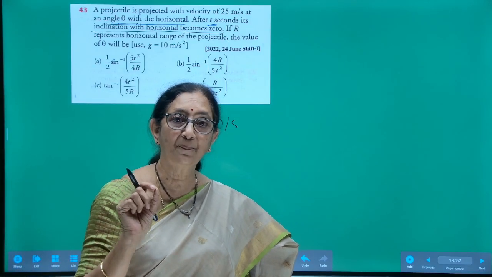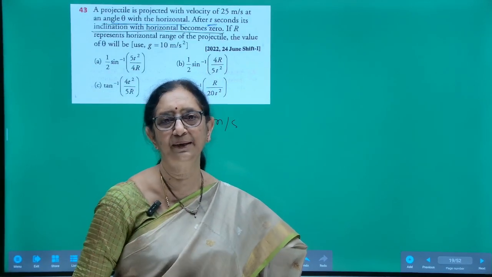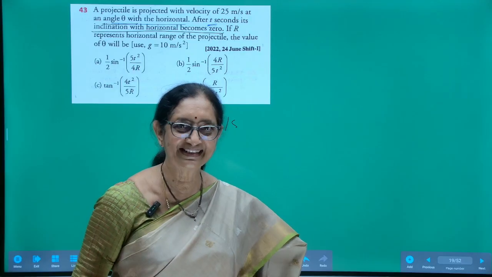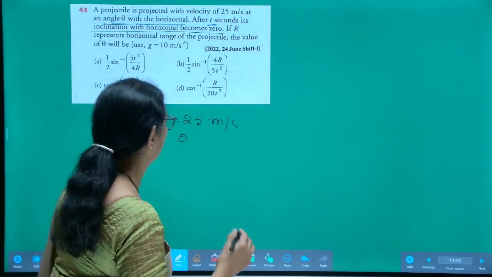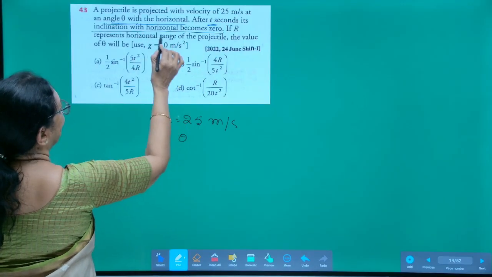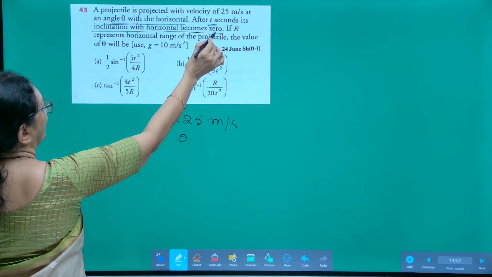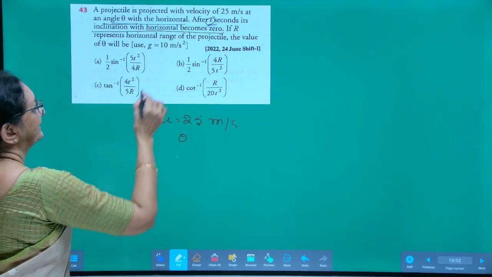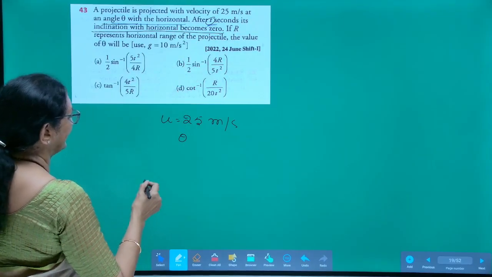At what point is the angle made by the projectile with the horizontal 0? Yes, that is at the highest point. So, at the highest point, as the inclination with horizontal is 0, here it takes t seconds to reach that highest point.